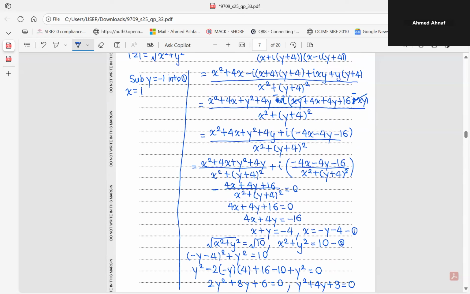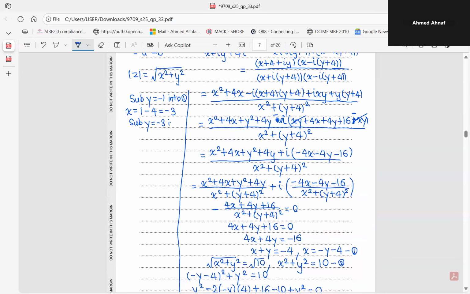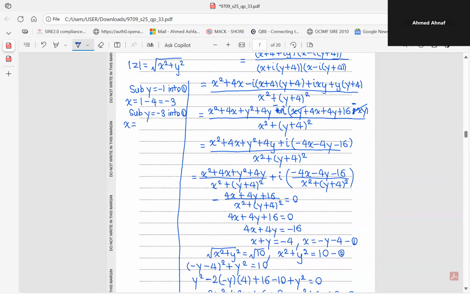So 1 minus 4, this would be minus 3. And now we'll sub y equals to negative 3 into 1. So this would give us x equals to 3 minus 4. So this is minus 1.